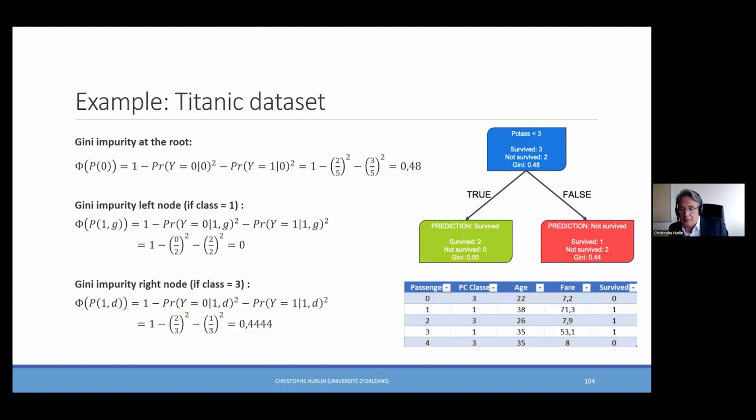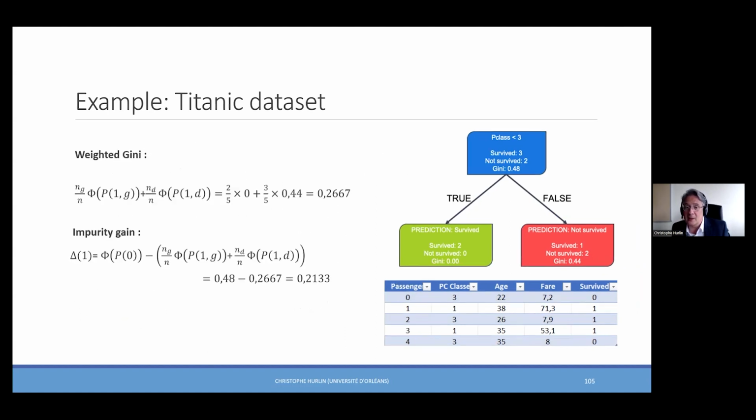Okay, so we have the Gini index on the child nodes, and then what is the weighted Gini index here? It's simply the weighted average where the weights are defined by the relative size of the subpopulations.